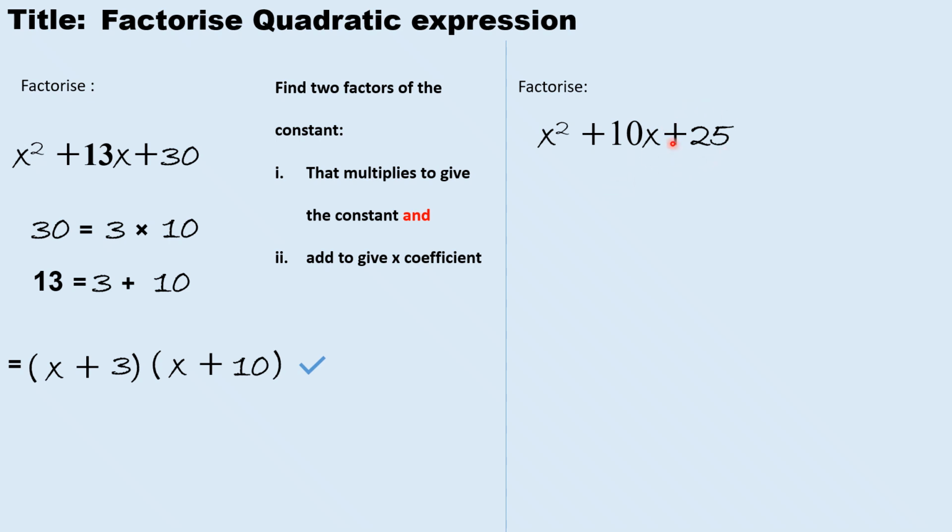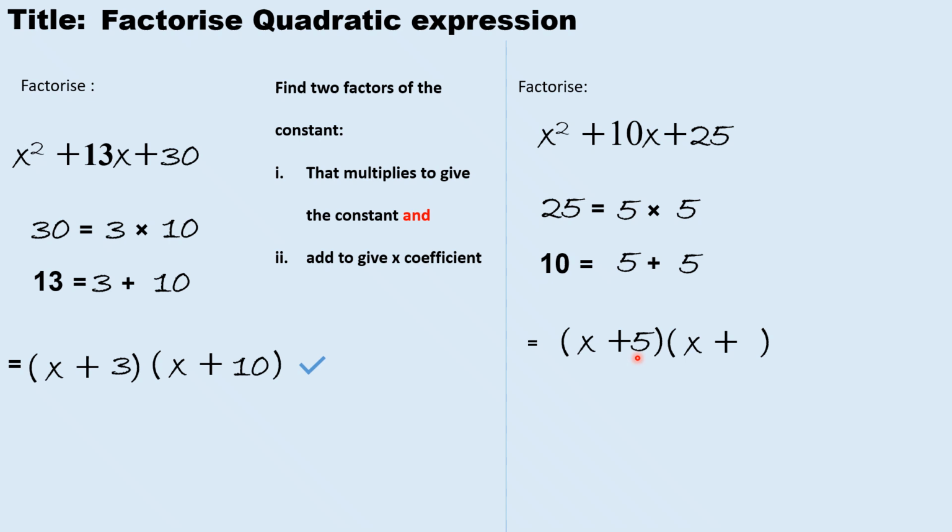So let's start with our constant 25. 5 multiplied by 5 is 25, and also 5 add 5 is 10, and that's our factor. So 5 goes in the first bracket and 5 goes in the second bracket, and that is our answer.